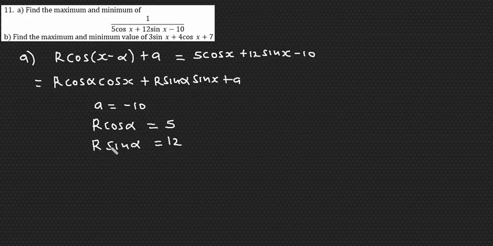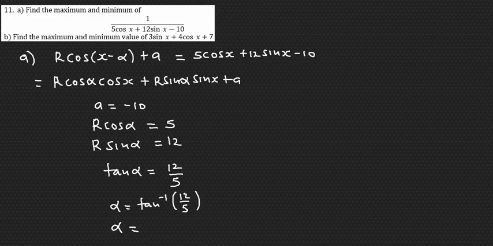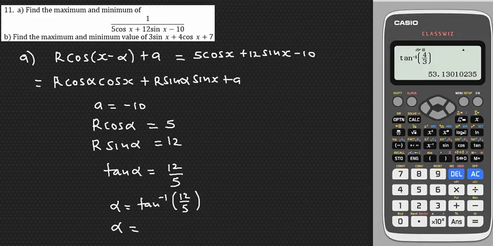So let us find the angle. Tan alpha will be equal to 12 over 5. Alpha is going to be tan inverse of 12 over 5. So our alpha will be equal to, let's see, the tan inverse of 12 by 5 is giving us 67.4 degrees.